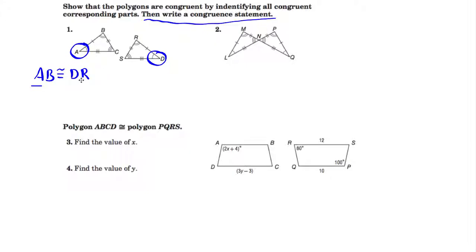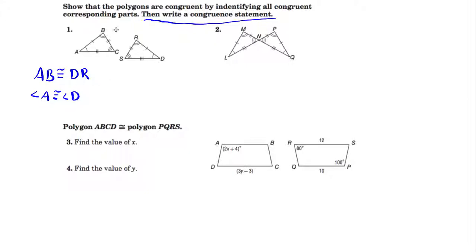So that means that A and D are congruent angles, so they have to be in the same order there. So we also have just found out that angle A is congruent to angle D.